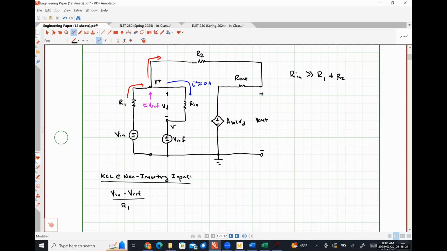And this will be equal to the current that's flowing out through the resistor R2. And so this is going to look like Vref minus V out over R2.